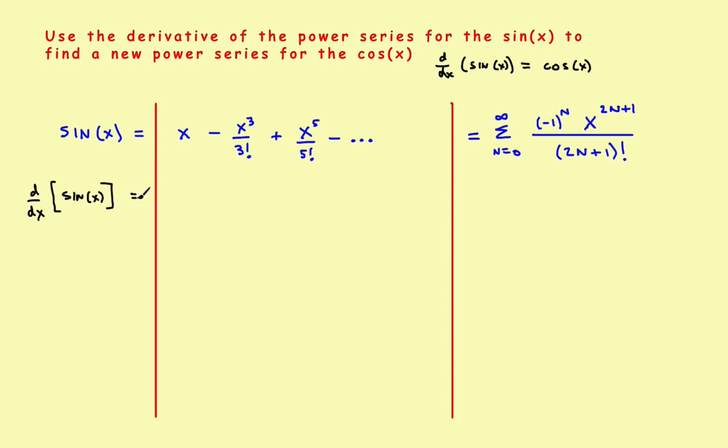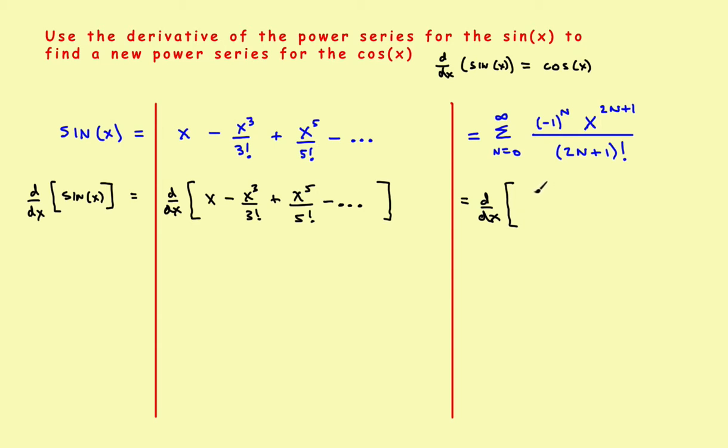So that's going to be the derivative with respect to x, and you can just take this whole power series and put it in a bracket right here. So this would be x, minus x cubed divided by 3 factorial, plus x to the 5th divided by 5 factorial, minus, and so on. You'll just take the derivative of each part. And we'll do the same thing over here, taking the derivative with respect to x in summation notation.